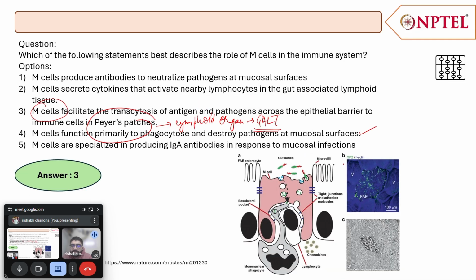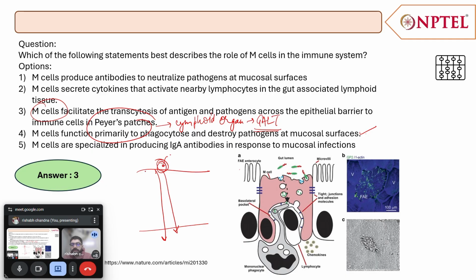Transcytosis means that these M cells can take up the microorganism or the antigen from the outside, and transport this pathogen or antigen through itself to the other side. This scenario takes place very rarely inside the body, where the cell can transport a component from one part to the other through its whole cellular region.